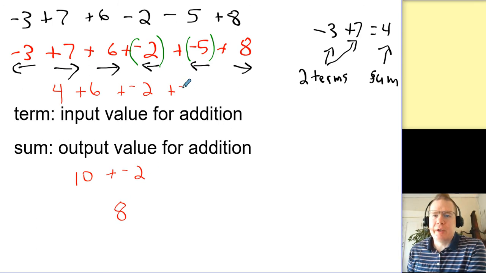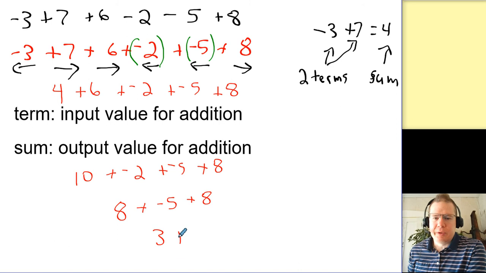Then plus -5. So it's 8 forwards, 5 backwards, 8 minus 5 basically. That's 3. Then plus another 8 here. And 3 plus 8 is 11.